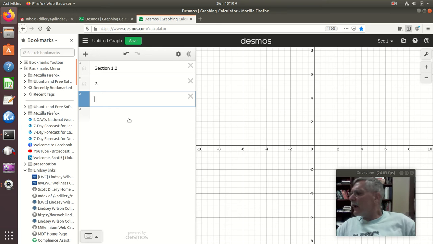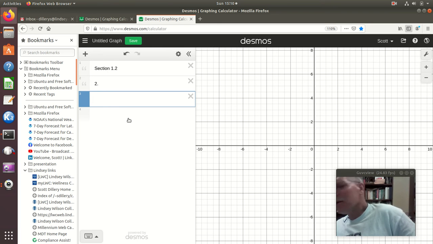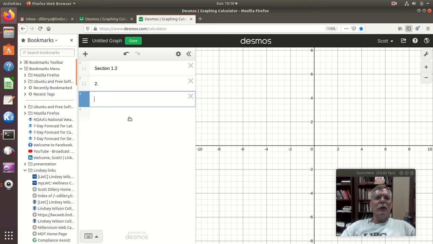In this case, they'd like us to find the limit. So I have to look over here to see what it is. The limit as x goes to 3 of x minus 3 over x squared minus 9.